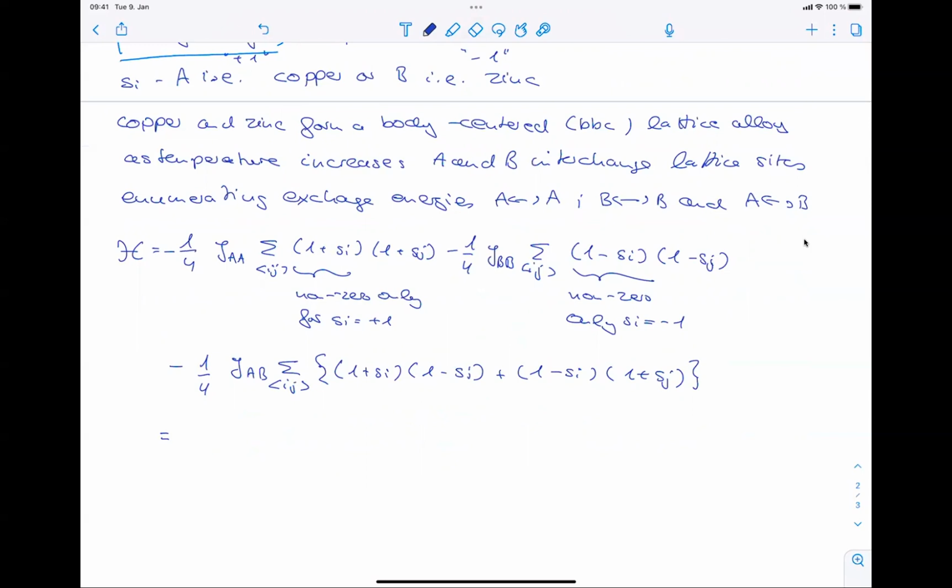If I have 1 plus -1, that's 0. If I have 1 plus 1, it's 2. So these are the two options I have for the spin. So this bracket is either 2 or 0. And the same is true for this one, right? Because if the Sj is 1, then it's a 0. And if the Sj is -1, I have 1 minus -1 is 2. So it's either 0 or 2. And so the largest I can have is 2 times 2, which is 4. So that's the normalization.